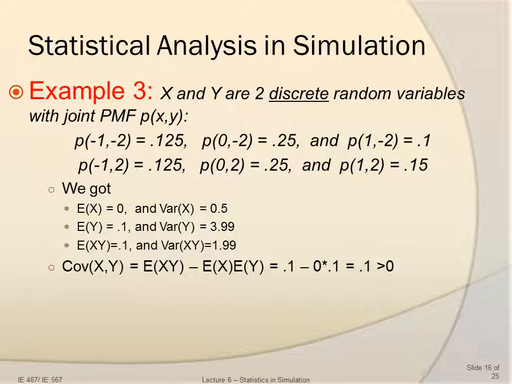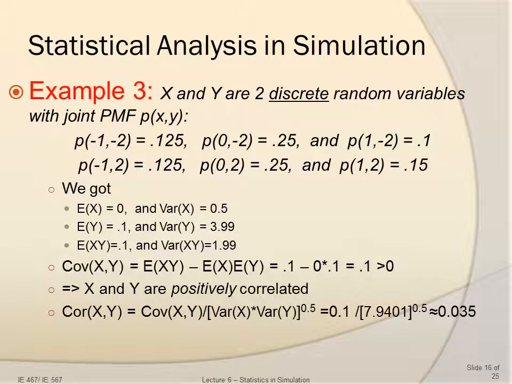So what does it mean? Yes, you're right. It means that x and y are positively correlated. And then from covariance we can also compute the correlation, which is covariance divided by the square root of the corresponding variances. And that estimates to about 0.035.